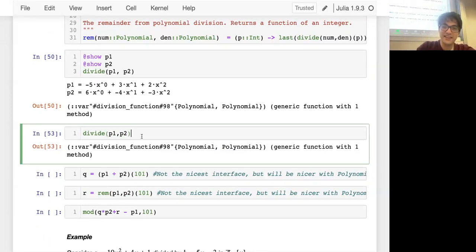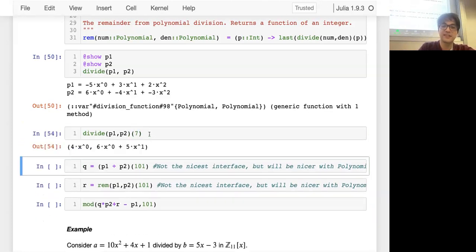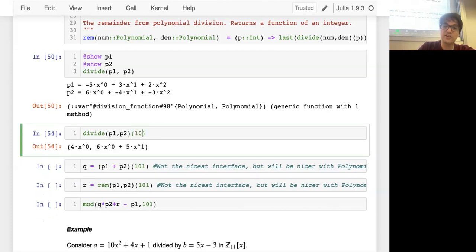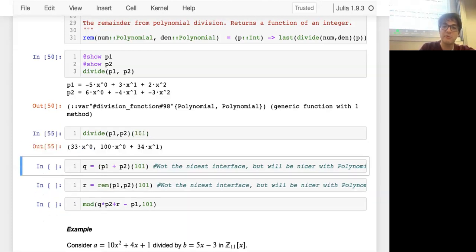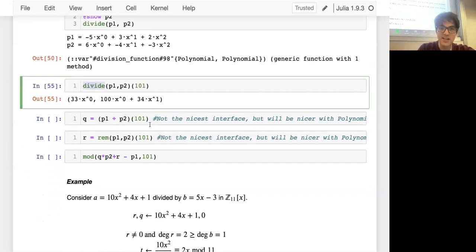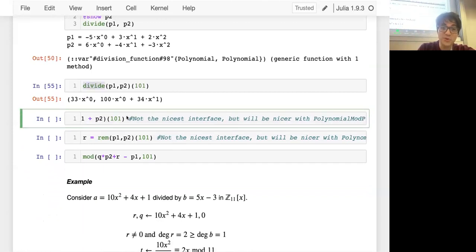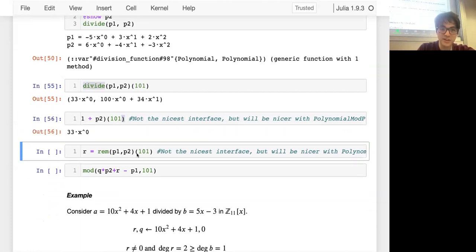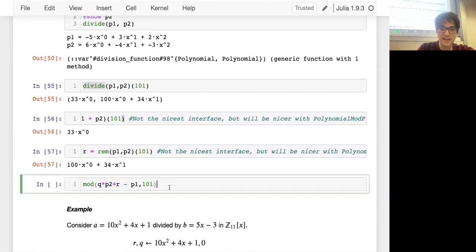And then I can do things like say, okay, your coefficient field is Z7. Oh, okay, so that's the quotient and remainder. Well, your division field is mod 101. Right, so that's your quotient and remainder. Since this division operator is overloaded, you can use all the Unicode stuff as usual. And same for remainder.